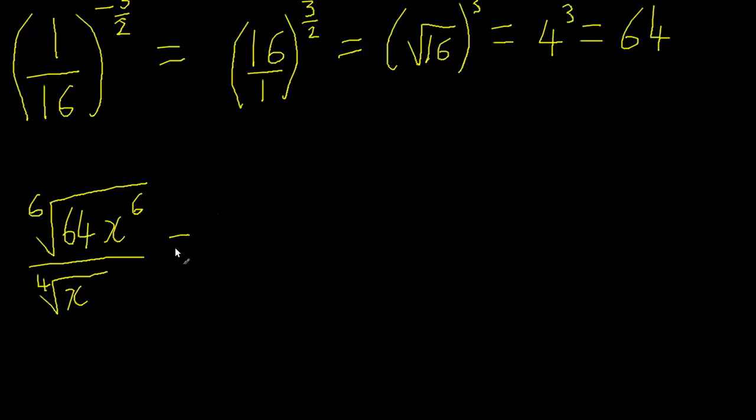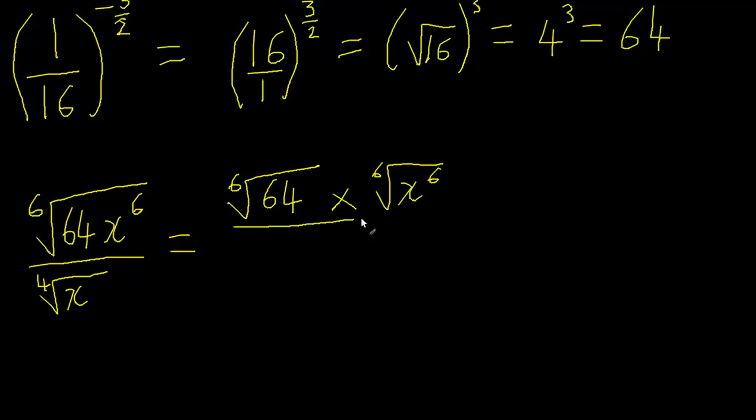So if we're looking for the 6th root of 64x to the power of 6, we need to split that down into the algebra and the numbers. So we need to find the 6th root of 64, and that's going to be multiplied by the 6th root of x to the power of 6 all over the 4th root of x.